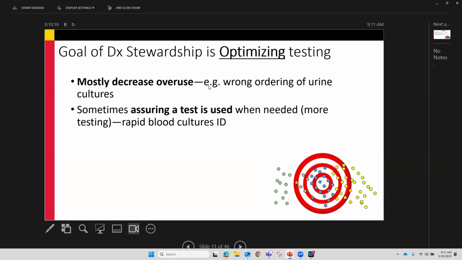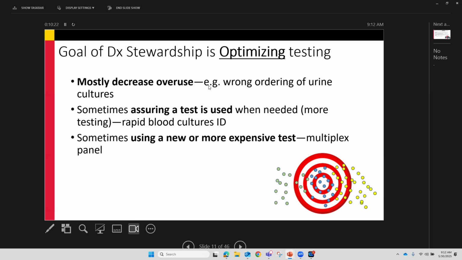Like rapid blood cultures, I find very helpful to do rapid identification off of blood cultures in the hospital, and to really have the information about if it's a resistant bacteria sooner than later. Sometimes it is about using a new or more expensive test, like sometimes a multiplex panel, although it's often not.